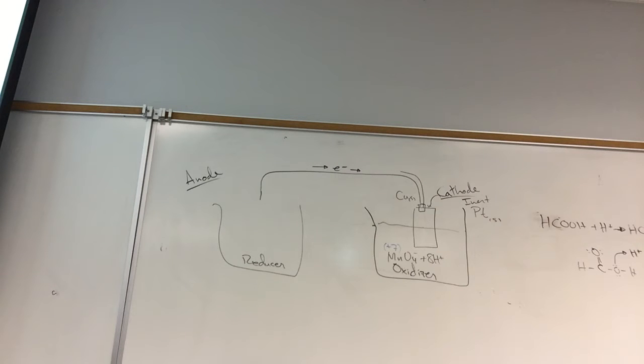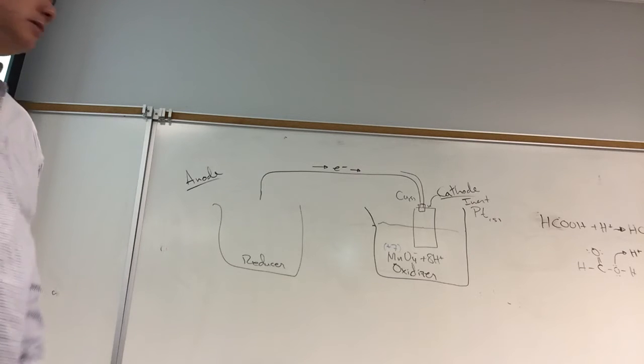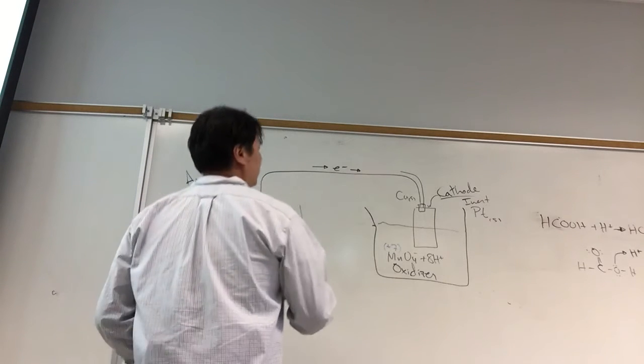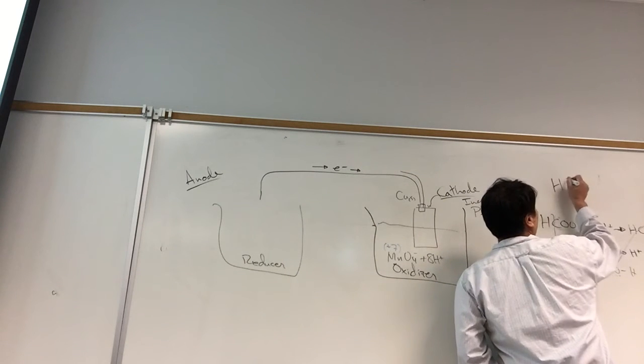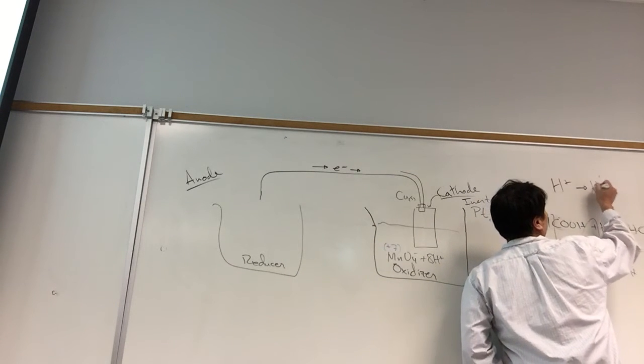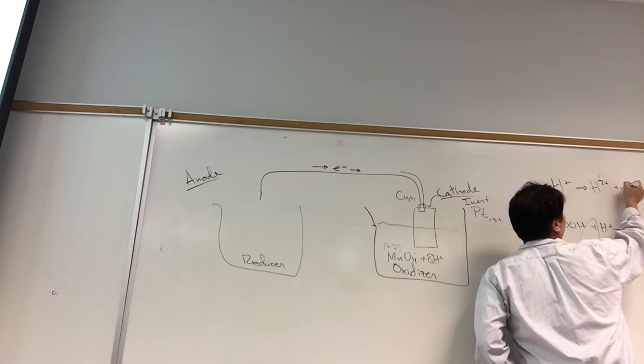Give me an example of a cation that could actually lose electrons. Hydrogen. Hydrogen cation? Okay, let's try it out structurally. Hydrogen cation loses an electron to form a hydrogen 2+ cation.